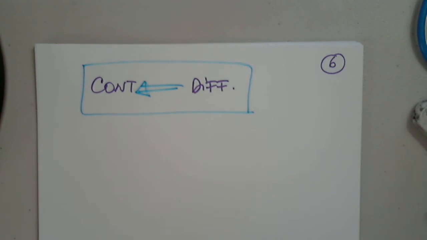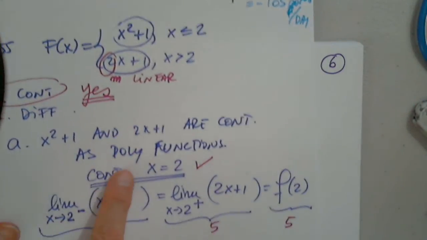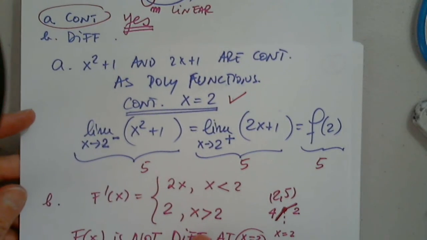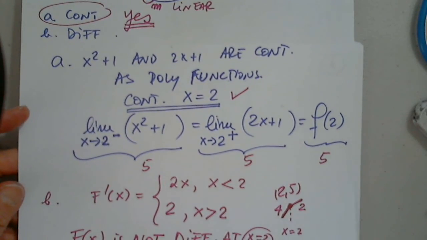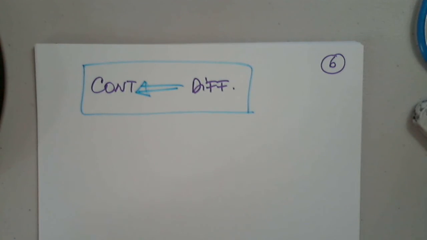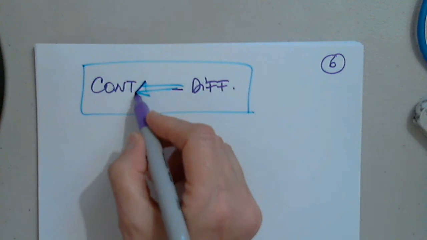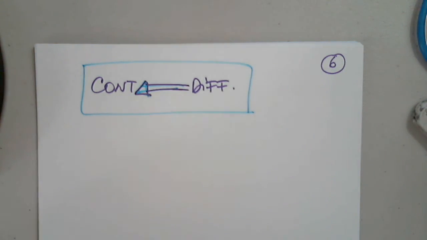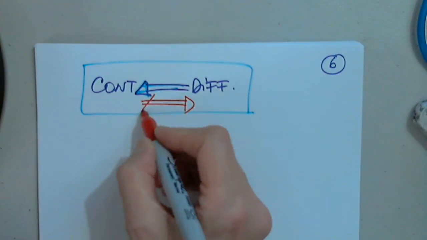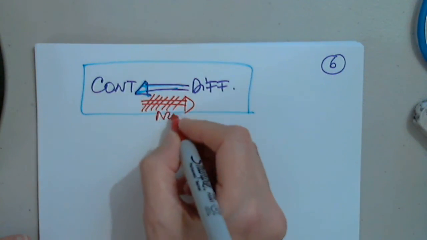If a function is continuous everywhere, it doesn't have to be differentiable. But if it is differentiable, it must be continuous. Absolutely. Who said that? Liam. Thank you. The other one is false.